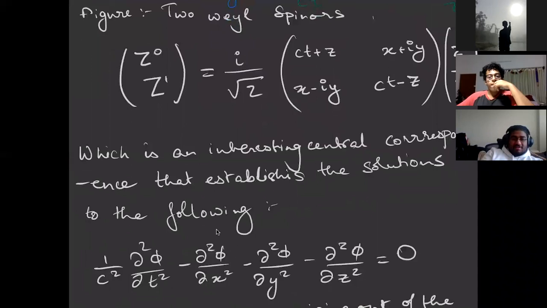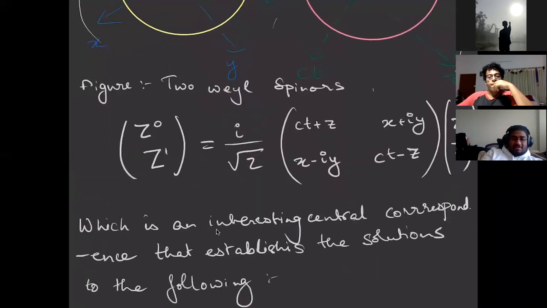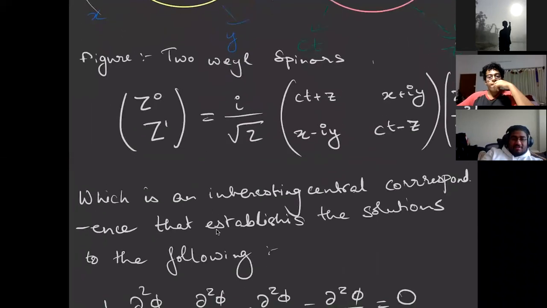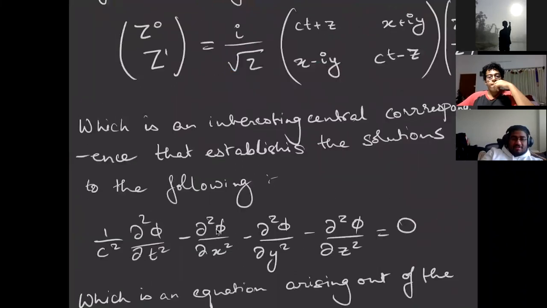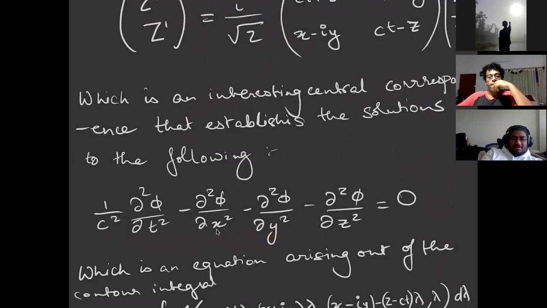So this actually is the solution to the following differential equation, which is basically traveling along the speed of light.